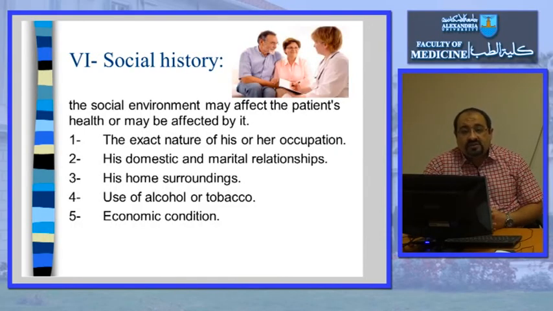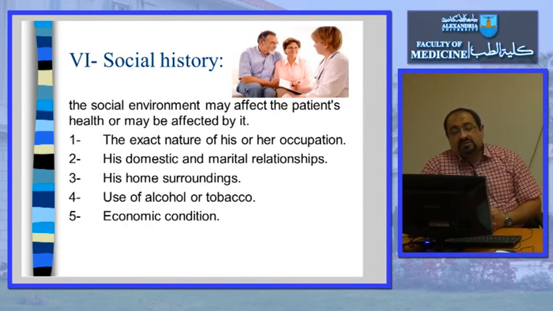As we have said, the occupation may be affected by the patient's disease, or the occupation may be a cause for the patient's disease. Also, the domestic and the marital status of the patient, the social standards, his home and his surroundings, and the financial status and the source of income for this patient, especially for an elderly patient, because this may affect your prescription.